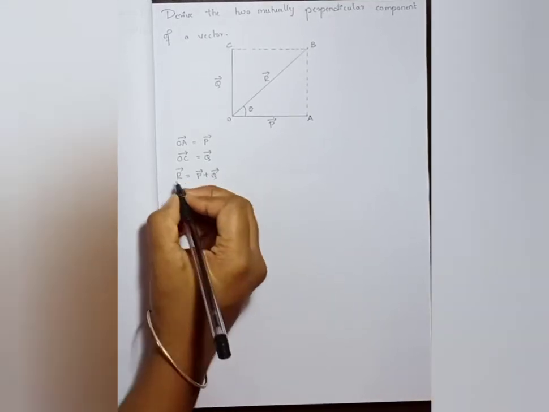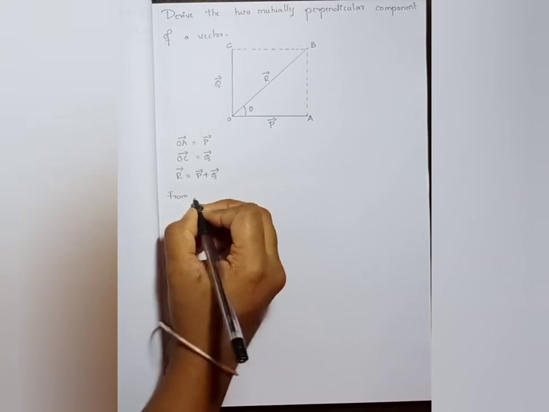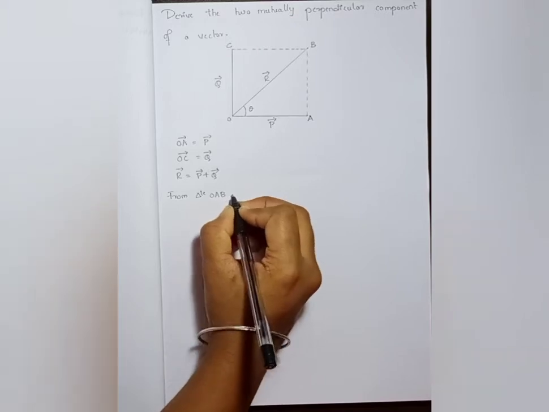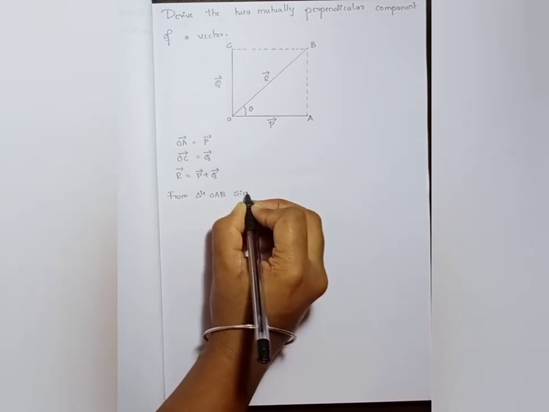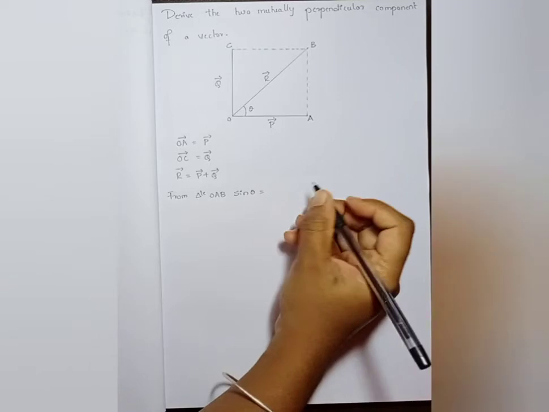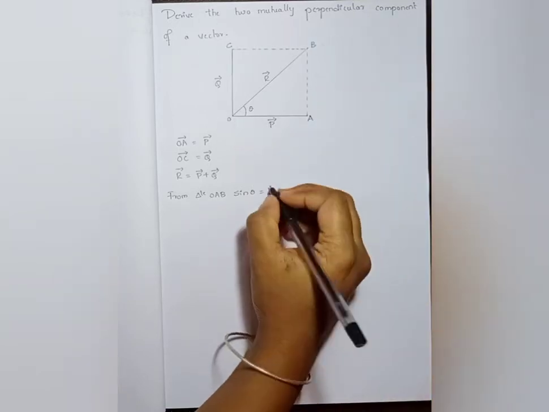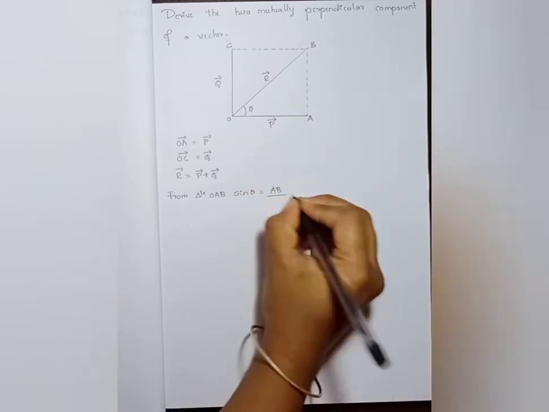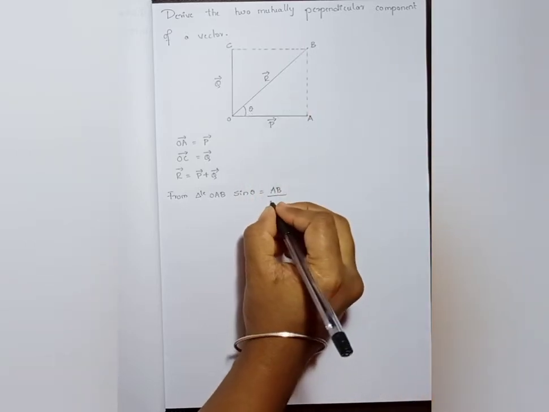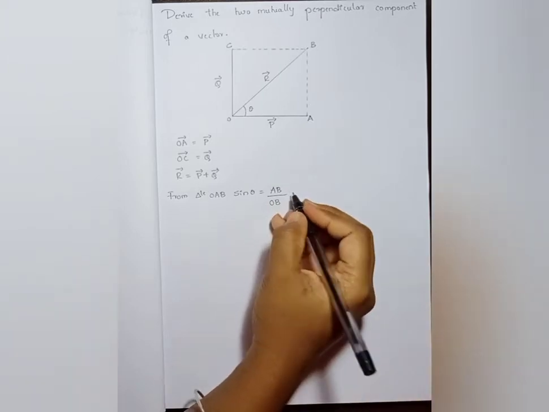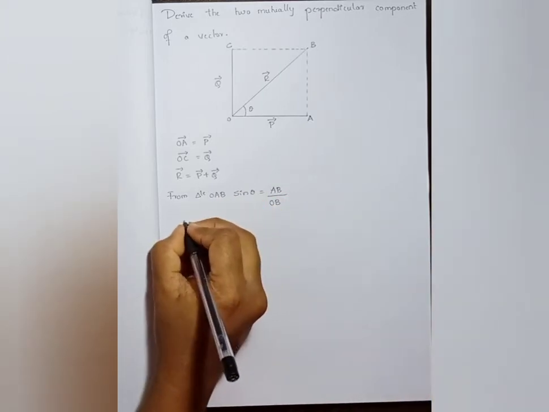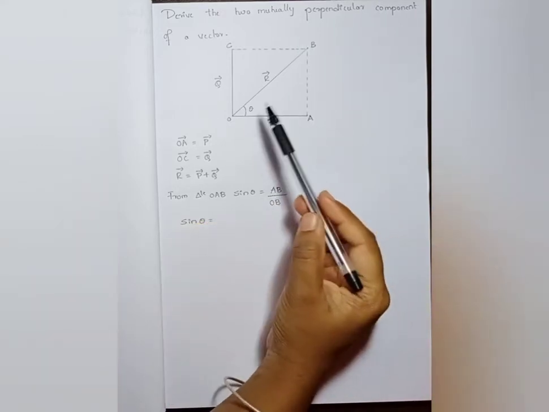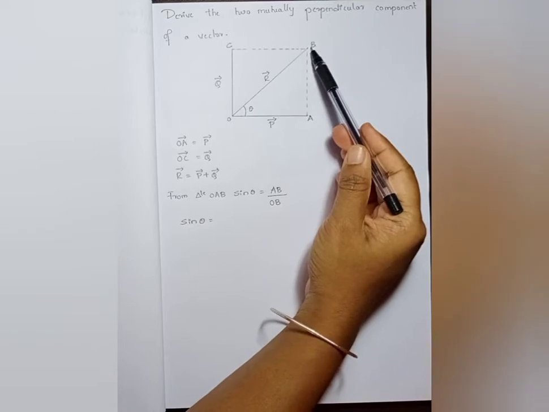Now from triangle OAB, we'll take sine theta. What is sine theta? Opposite by hypotenuse, that is AB by OB. What is AB?